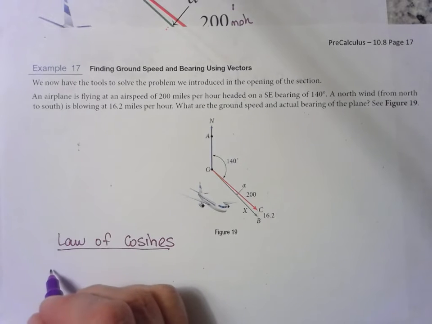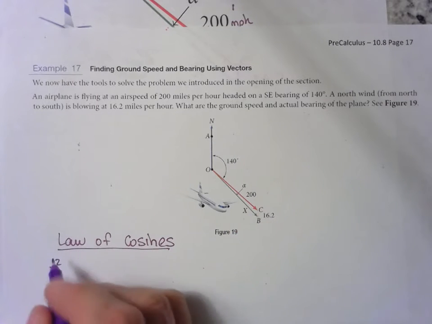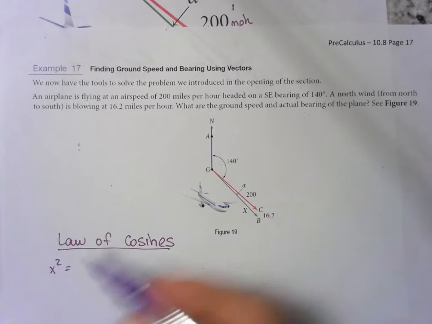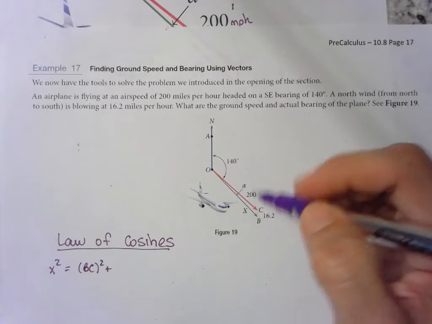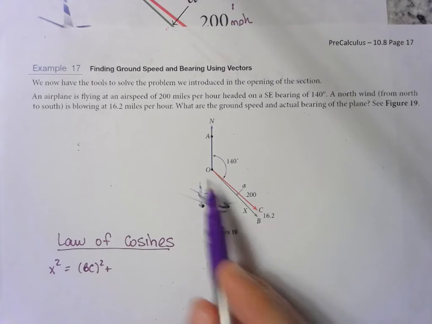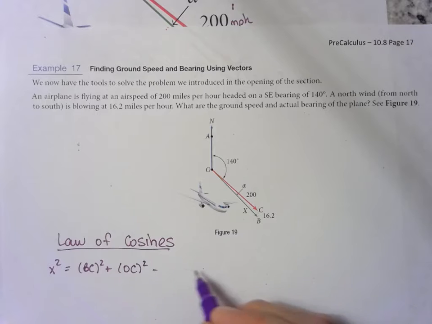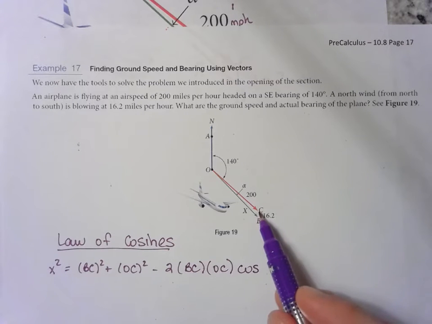So it's telling us that x squared, this side, is equal to BC squared, that's that tiny little side, plus the other side squared, that's the 200. We'll call that OC, OC squared, minus 2 times the two sides, BC and OC, times the cosine of the angle between them.